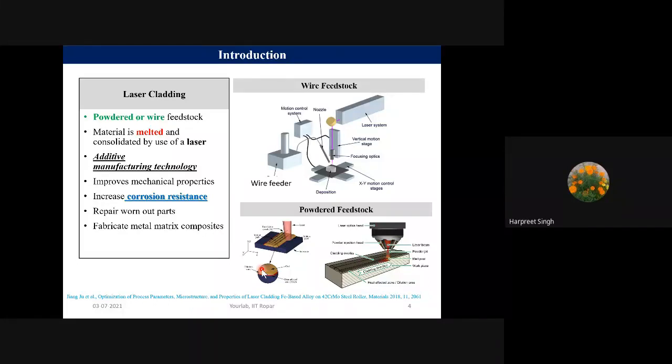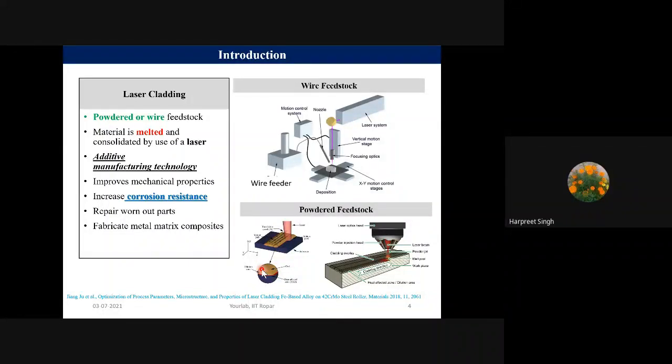On the other hand, there are a lot of groups, including our group, which want to use cold spray for additive manufacturing also. So this study, which I am going to present today, will be helpful in that sense: suppose you are developing a part through additive manufacturing by cold spraying or laser cladding, then how to characterize it, right? This study will help you in that sense also.